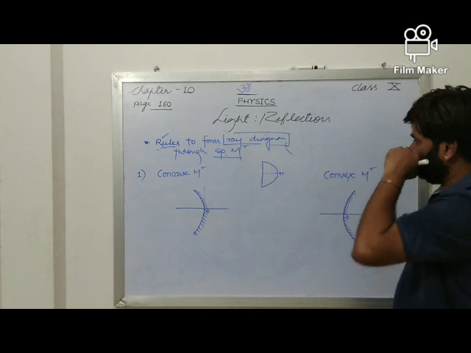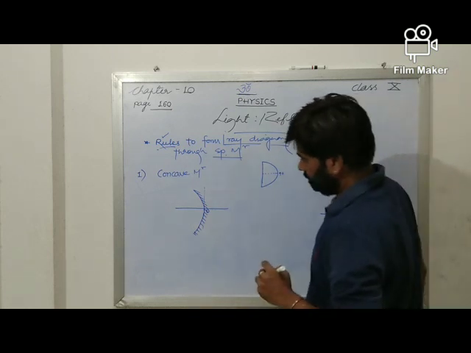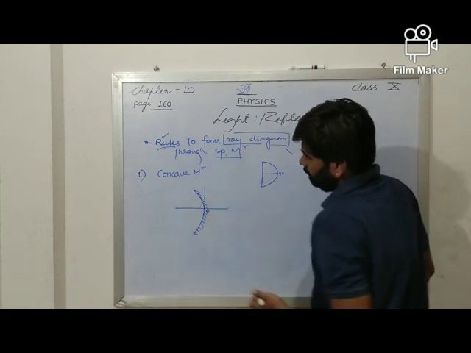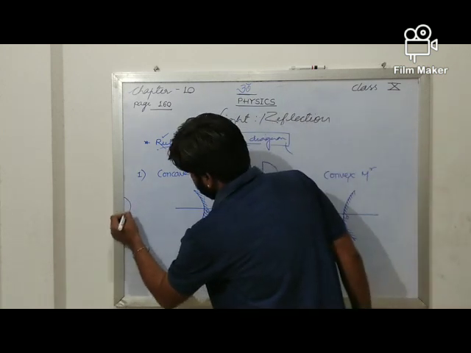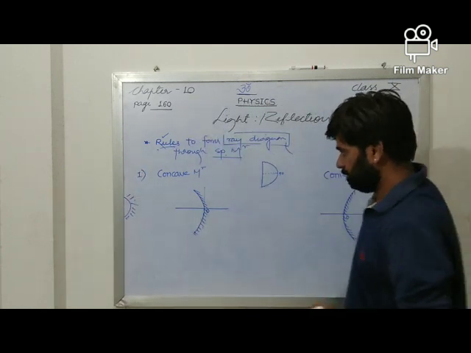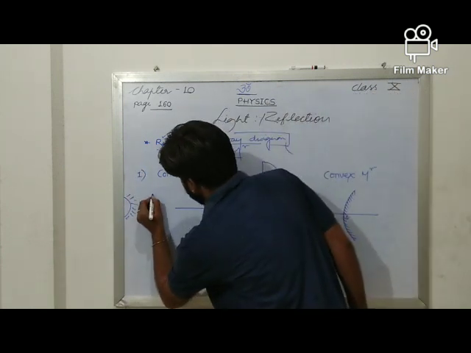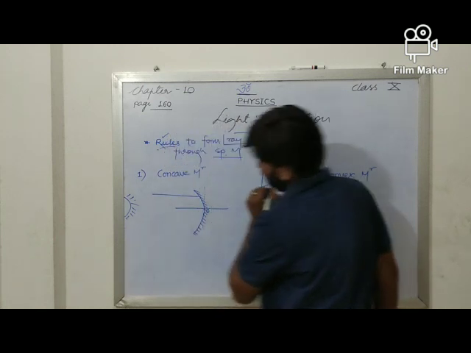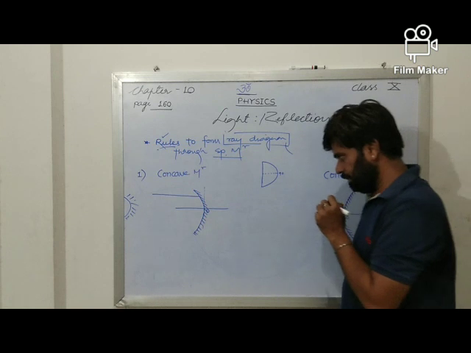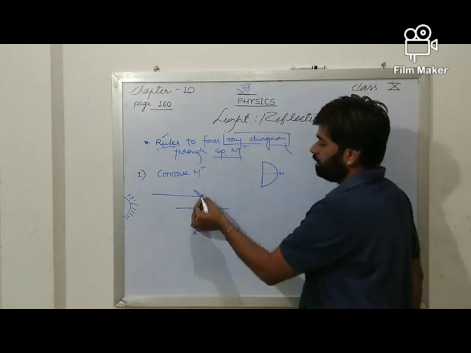So what does rule number one say? When a ray of light, suppose here there is a source, when a ray of light which is coming parallel to the principal axis, just after reflection.